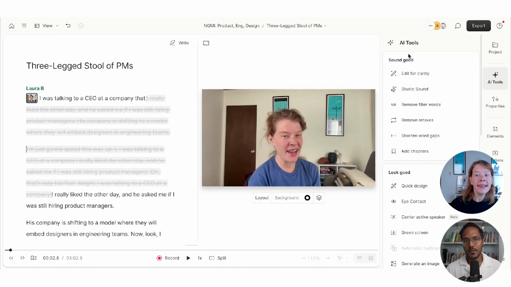Yeah, so for AI tools, what we did was, if you have a toolbar, you need more than one thing to be part of that toolbar.